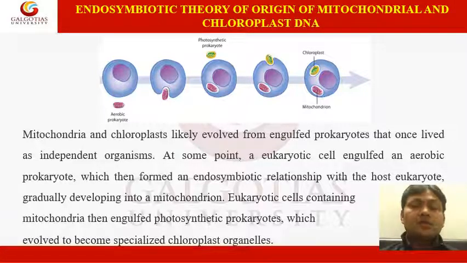Likewise, the eukaryotic cells containing the mitochondria then engulfed photosynthetic prokaryotes like this, which evolved to become the specialized organelles known as the chloroplast, and like this, the chloroplast genome developed.